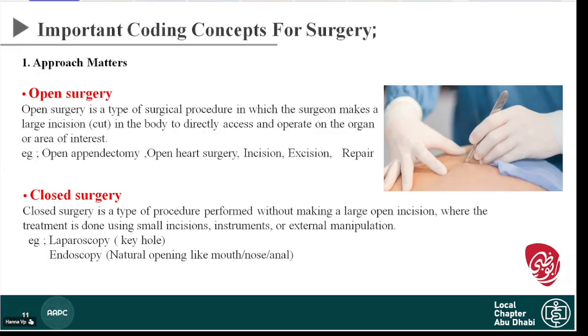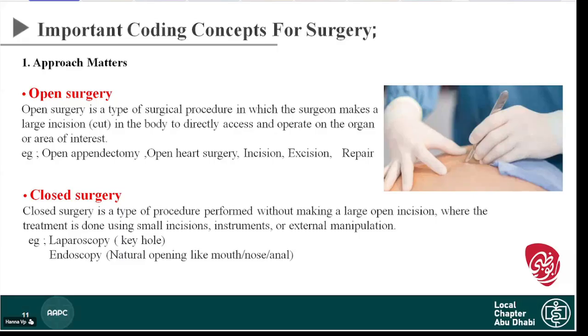What is the meaning of scopy? A wire with a camera on its tip is inserted into the body through a natural opening or a small incision in the skin. These procedures we consider closed surgery.